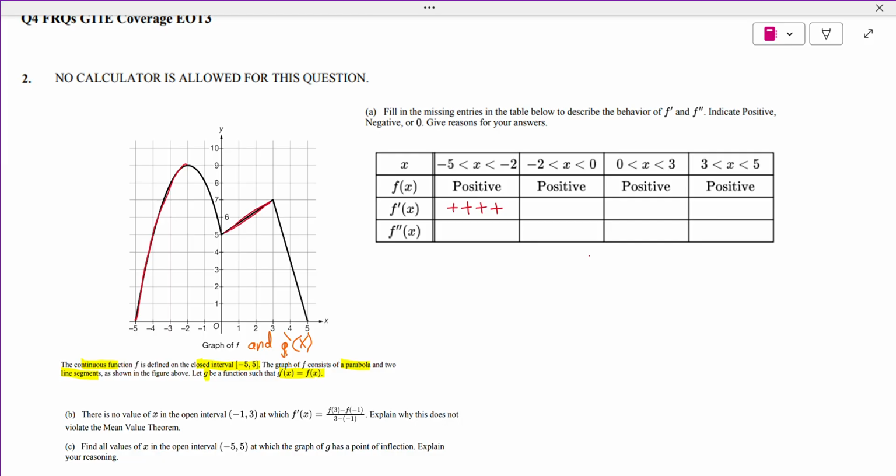So from -5 to -2, and the other interval from 0 to 3, we have written f prime is positive, because f is increasing, right?